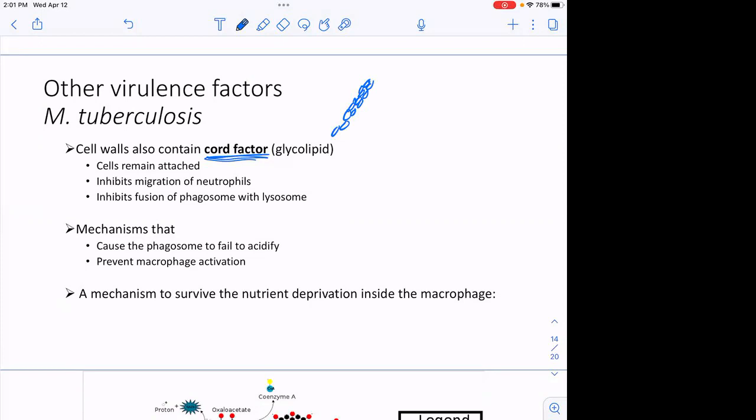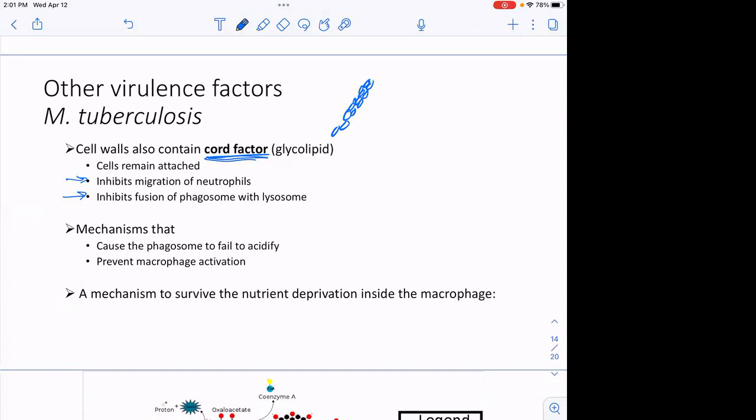What significance does that have? Well, we think it probably has some role to play in inhibiting the lysosome from fusing with the phagosome, helps it survive inside phagocytic cells like macrophages, and probably has some role in inhibiting the migration of other innate cells to the site of infection.